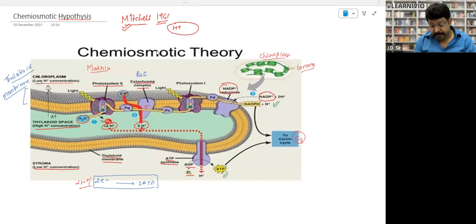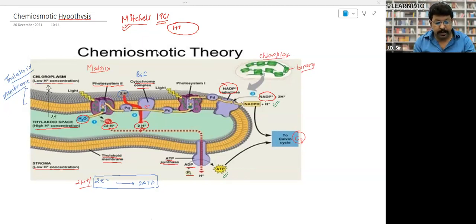The gradient is developed in the outer and inner membrane space of mitochondria, and in the lumen of the thylakoid in chloroplast.